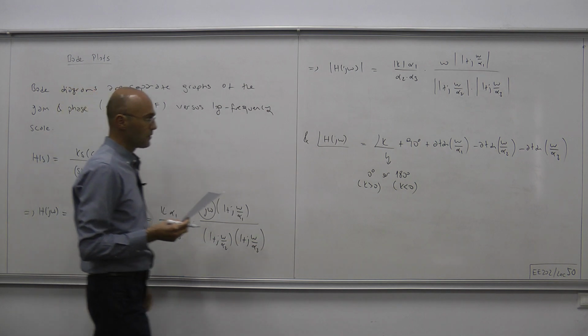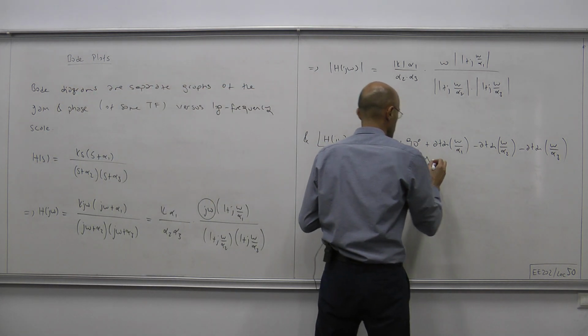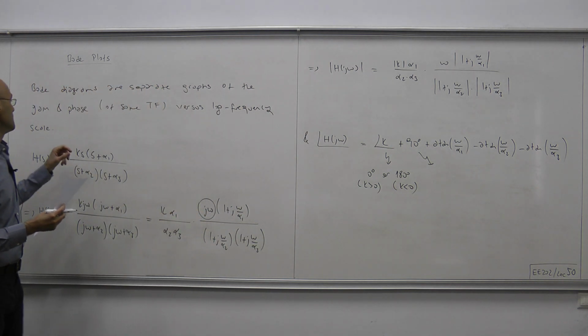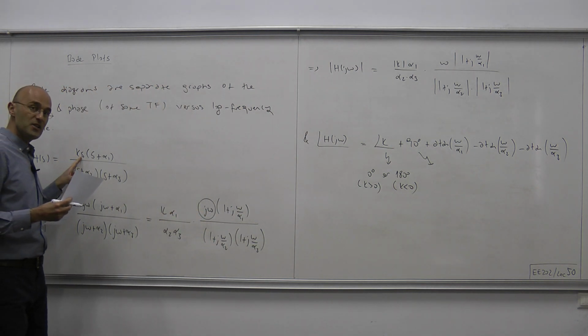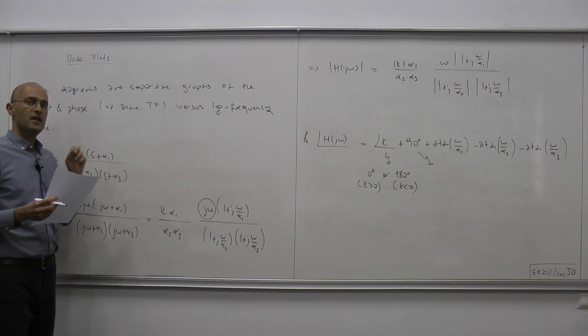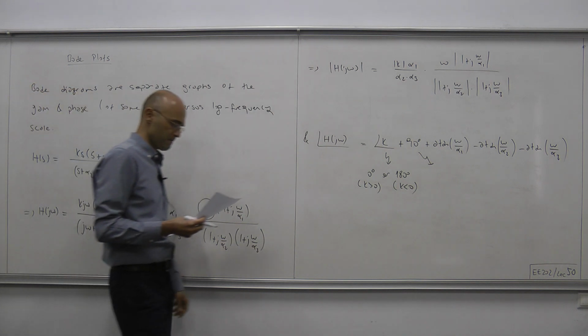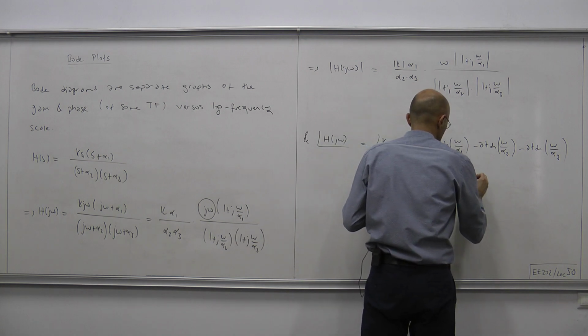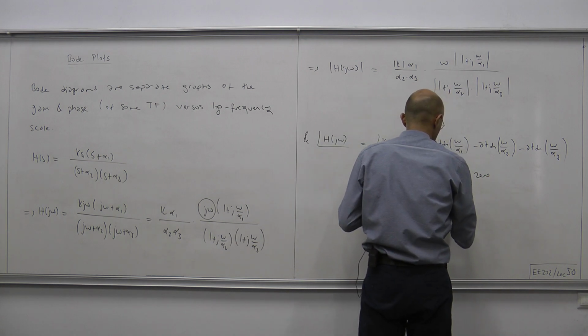And as for the 90 degrees, it's coming from the j omega term, and the j omega term is due to this s term here, namely due to the 0 at the origin.